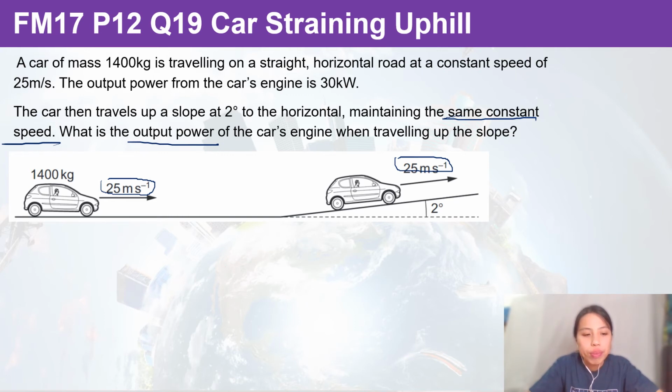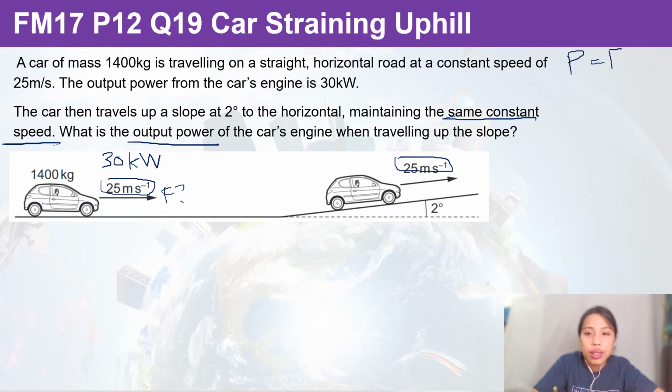Okay, how to find this thing? Well, first I'm going to do some force drawings to help us think about forces and how that relates to energy. We said in the beginning, the car engine is giving out 30 kilowatts to get us moving at 25 meters per second. What force is that? How much force is this engine giving us? Well, we can check that easily.